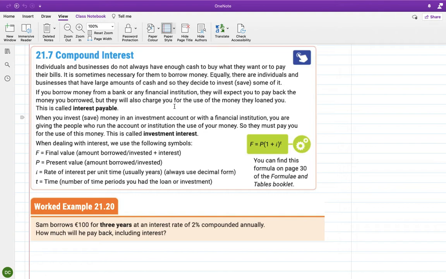So let's say I put in my 10,000 euro and the bank agreed to pay me 2% per year. So 2% of 10,000 euro is 200 euro.